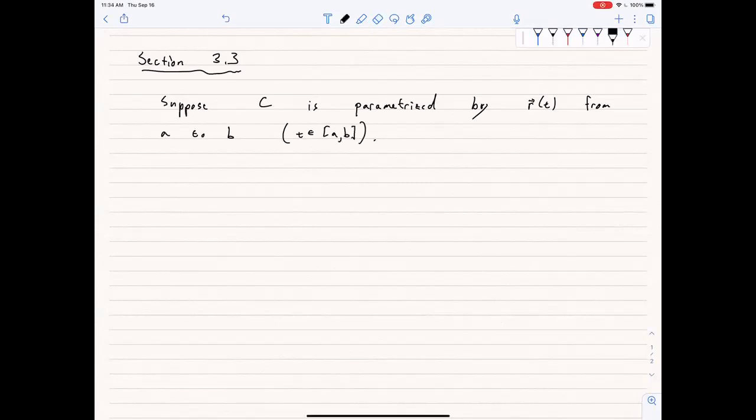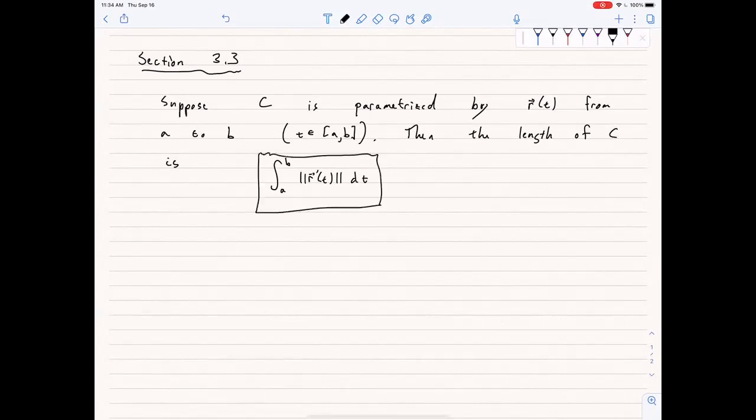So then the length of C is given by the formula, which is an integral from A to B of the magnitude of R prime of t dt. So that's our length. That's the length of a curve.